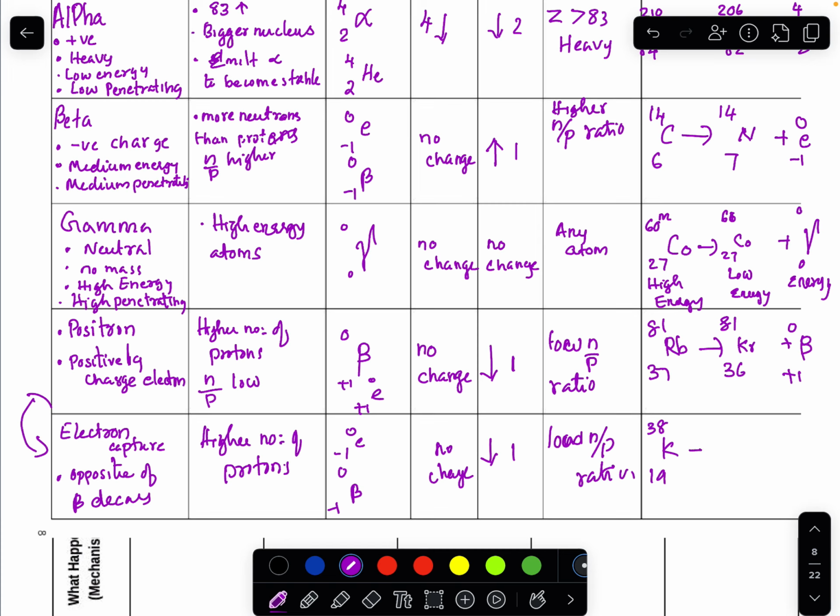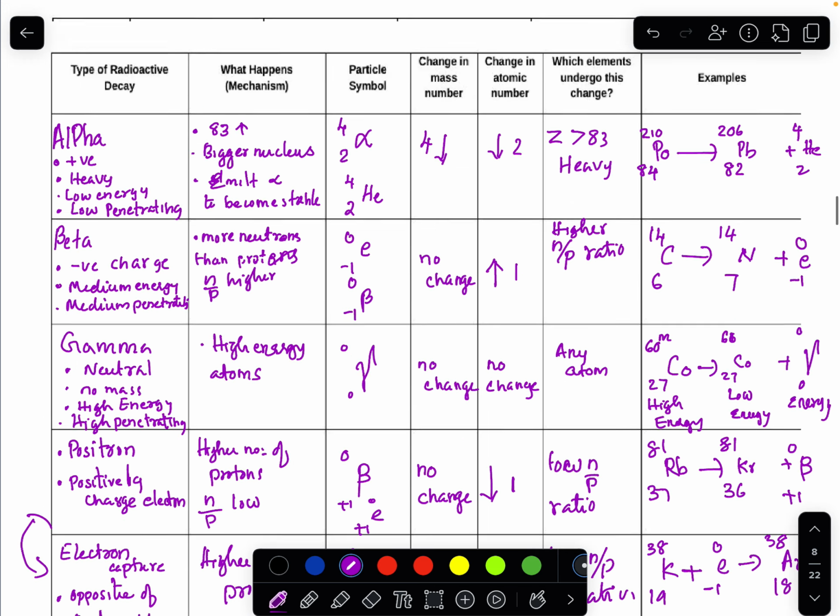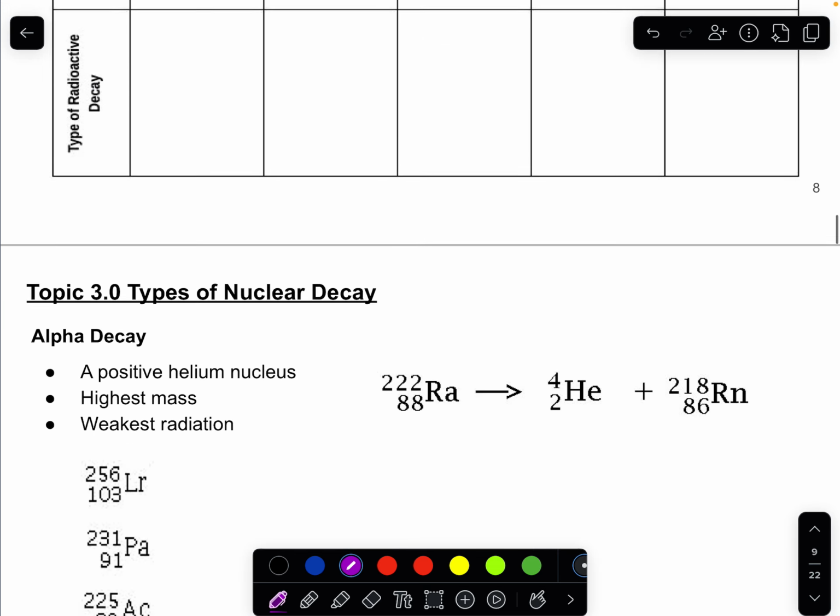Okay, it is absorbing an electron, -1 E0. So what will happen? It will become 18, which is argon, and mass number remains same. Okay, so these are that.